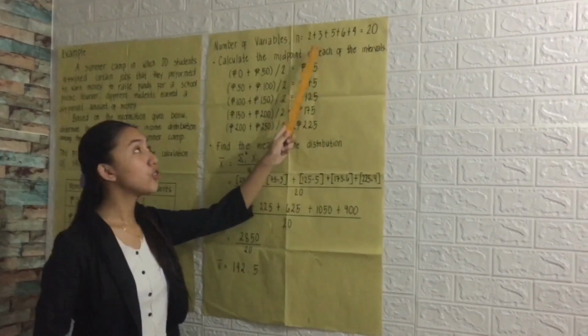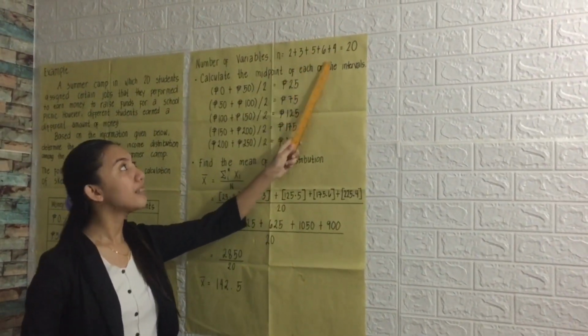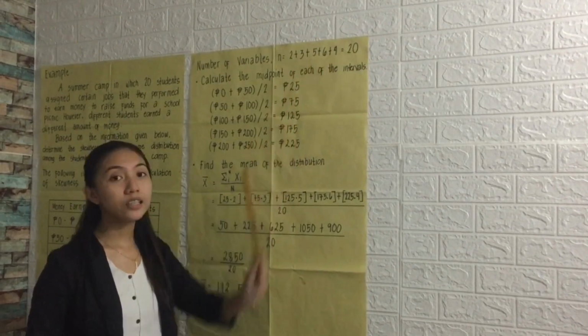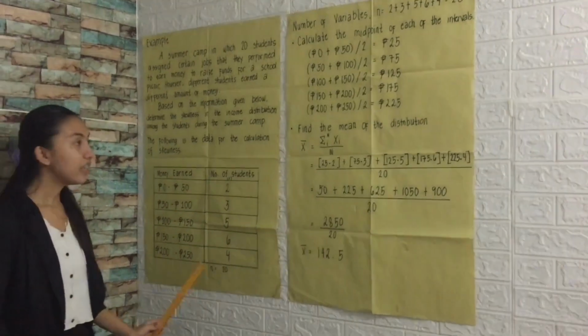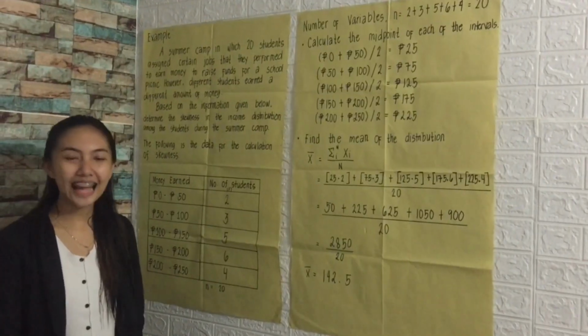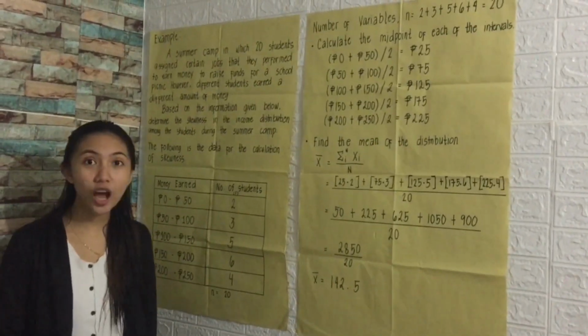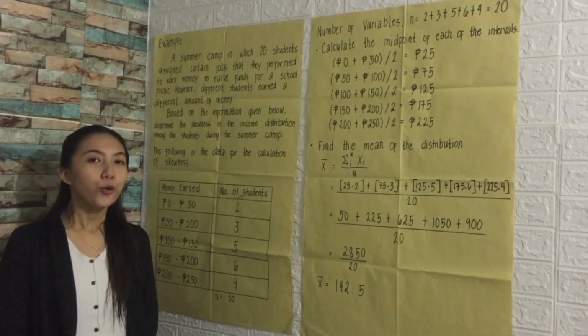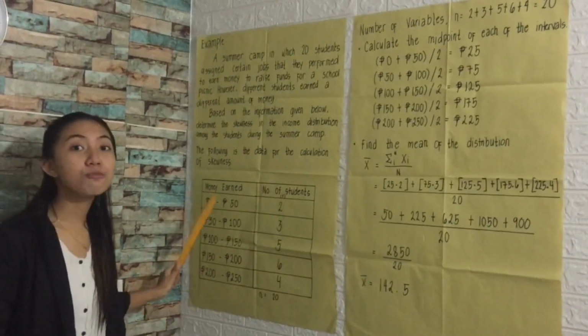N equals 2 plus 3 plus 5 plus 6 plus 4, which equals 20. So we have N equals 20. Now we are going to calculate the midpoint of each of the intervals. We can find the intervals here in the data of money earned.